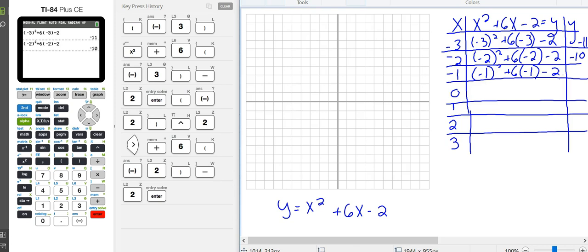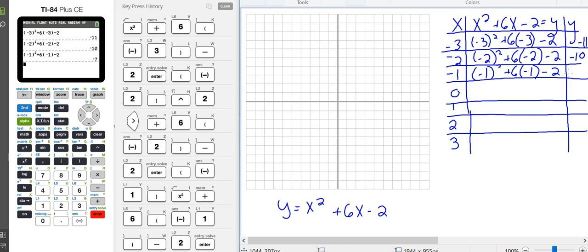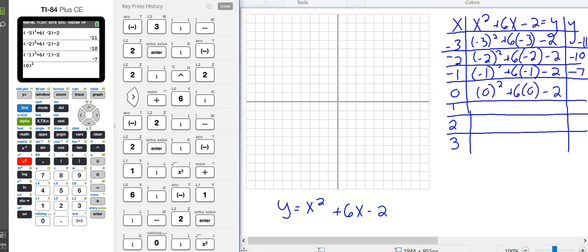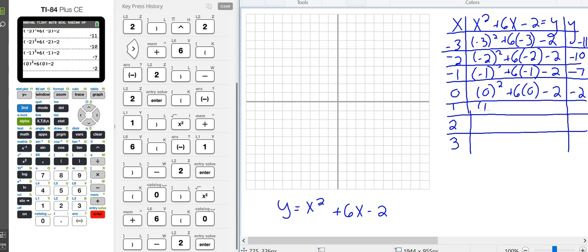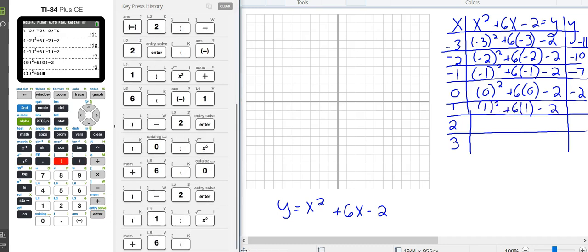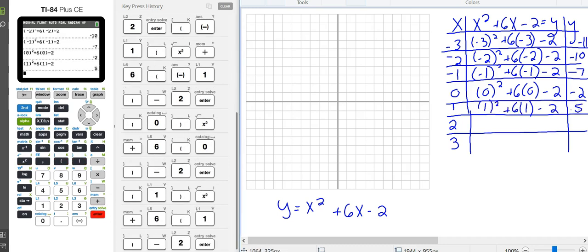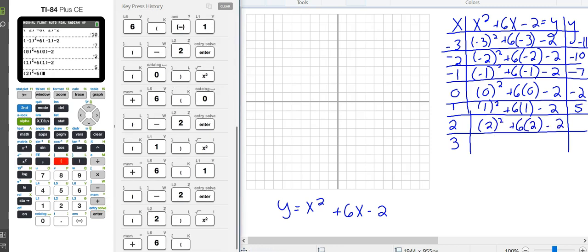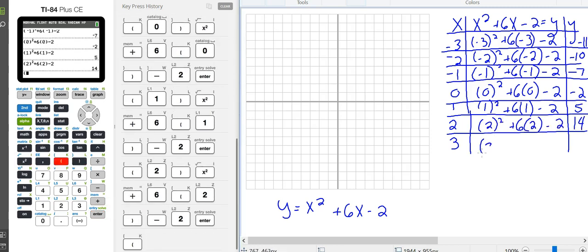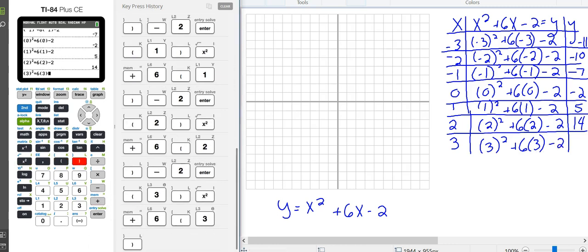I'll do it quickly and write down the y values. Okay, now we have all of our coordinates: (-3, -11), (-2, -10), (-1, -7), (0, -2), (1, 5), (2, 14), and (3, 25).